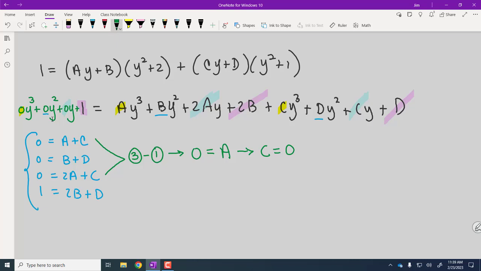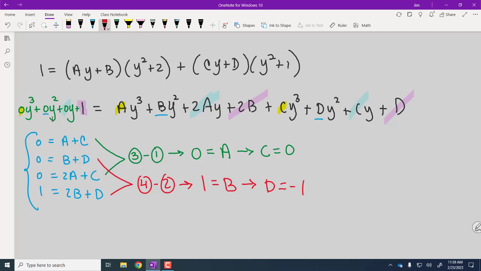And then if we pair off equation 2 and equation 4, let's do 4 minus 2. So if we do equation 4 minus equation 2, 1 minus 0 is 1. 2b minus 1b is 1b. d minus d is 0. And if b is 1, d is minus 1.